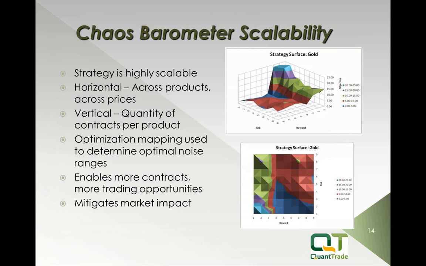It's going to make adjustments based on the way that the price is changing, even if it's changing based on its own entries. So that makes it an extremely scalable indicator. And from that point of view, it allows you to have more trading opportunities. It also mitigates market impact.